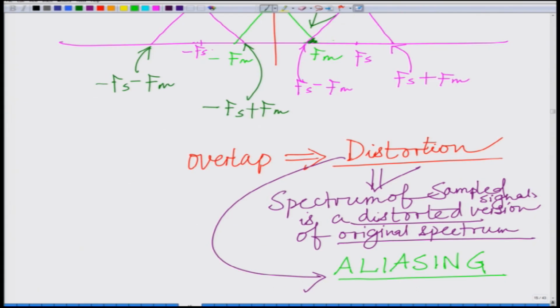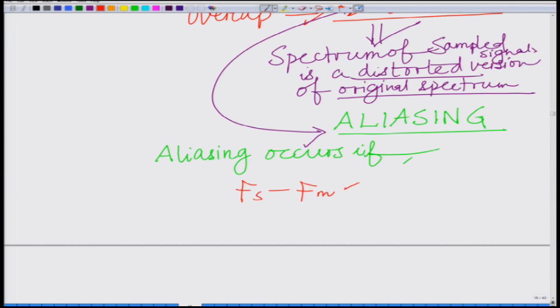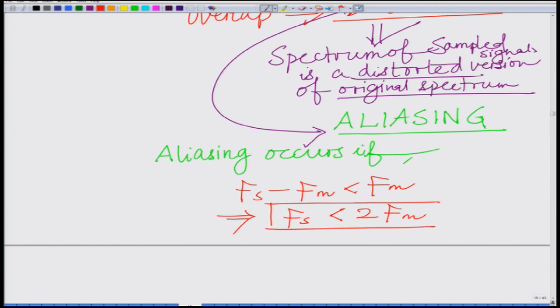Aliasing occurs if Fs minus Fm is less than Fm, that implies Fs less than 2Fm, that is, the sampling frequency is less than twice the maximum frequency. So, this is the condition for aliasing.